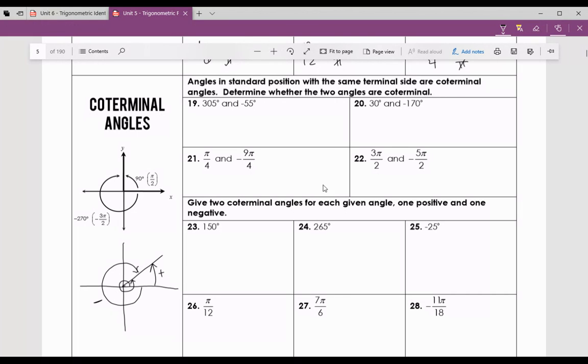All right, so how do you find coterminals? Well, we're going to either add or subtract any multiple of 360 degrees. So I'm going to put n behind it, and n could be anything, positive or negative. Or you may have to add or subtract 2 pi, depending on whether you're working with degree values or radian values.